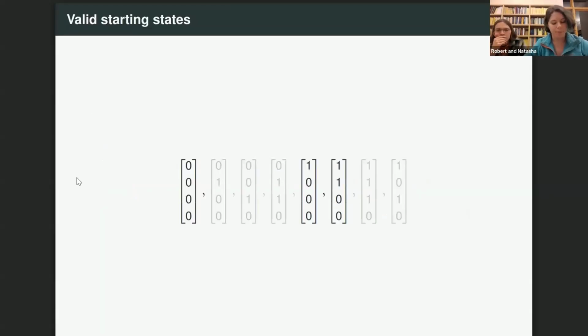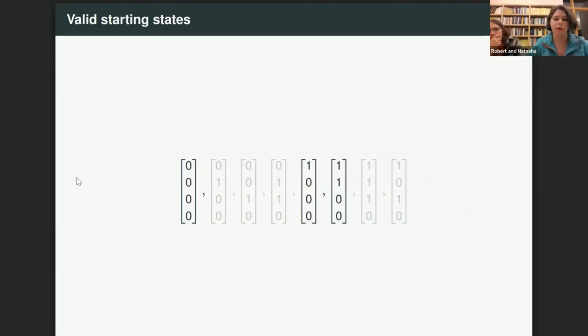Starting states, well, if we have all of the zeros and all of the ones connected, that's fine. If not, there's no way to fix that later. And so we only allow, that rules out columns 0, 1, 0, 0, 0, 0, 1, 0, 0, 1, 1, 0, and 1, 0, 1, 0.